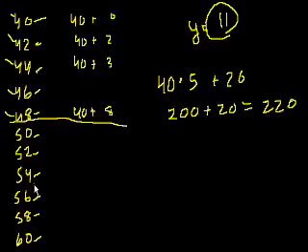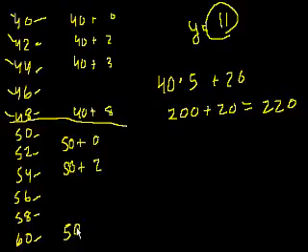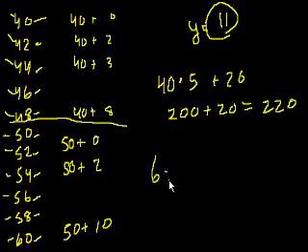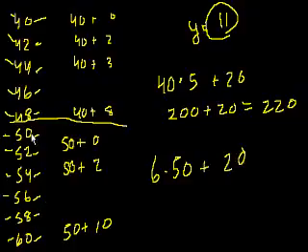And use the same logic here. This is 50 plus 0, 50 plus 2, all the way to 50 plus 10. And how many are there? There's 1, 2, 3, 4, 5, 6. So it's equal to 6 times 50, plus 2 plus 4 plus 6 plus 8, plus 10.